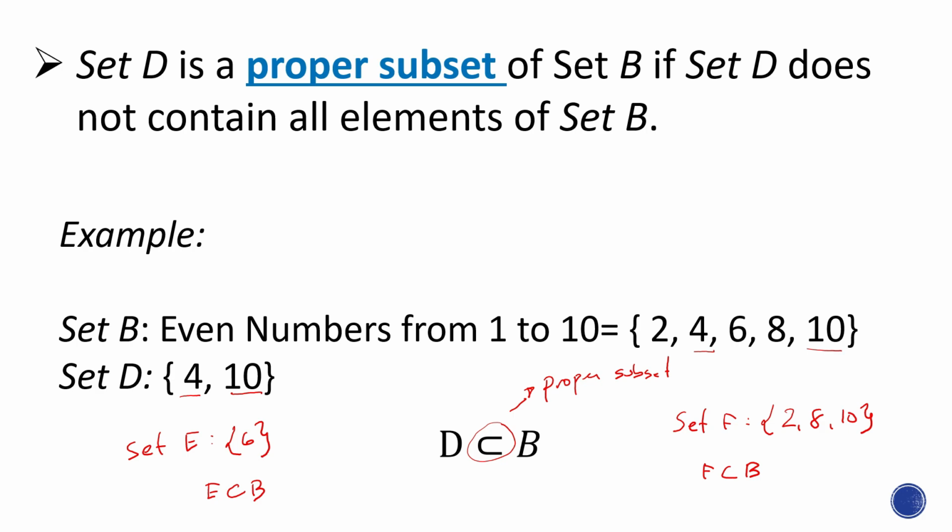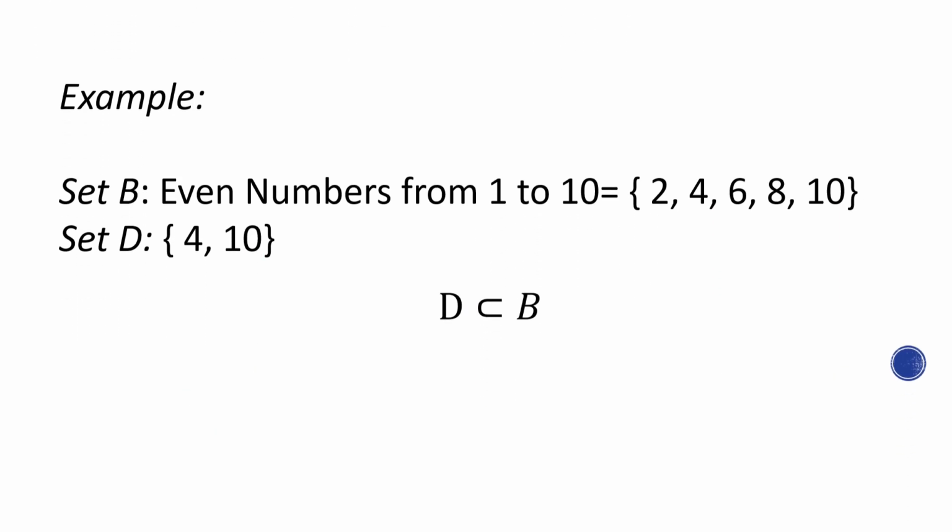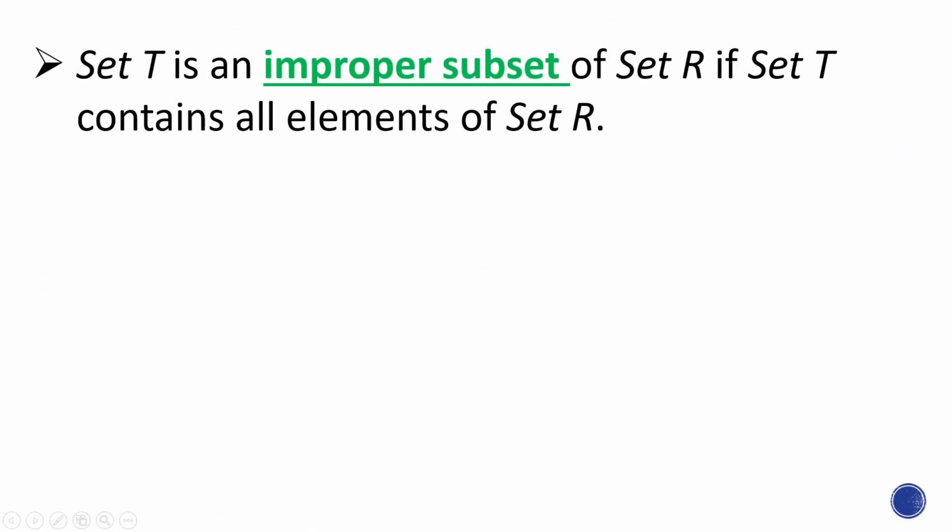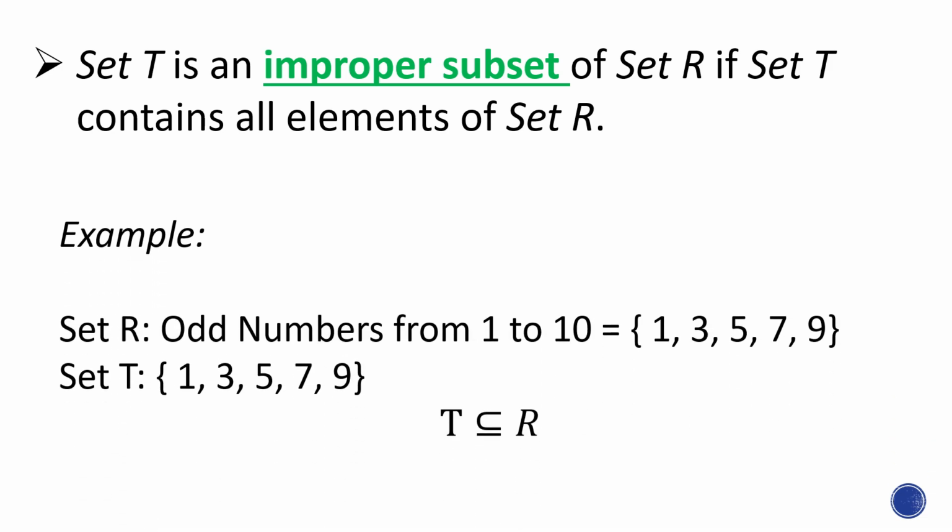All right. And of course, the opposite of proper subset is what we call improper subset. And here, we can consider a set. So say, for example, set T is an improper subset of set R if set T contains all the elements of set R. For example, set R, we have all the odd numbers from 1 to 10: 1, 3, 5, 7, and 9.